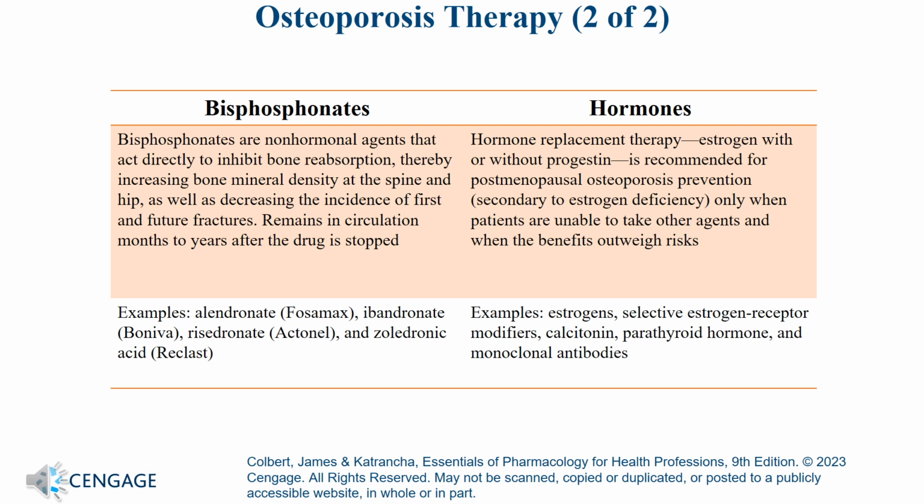These properties result in increased bone mineral density, decreased bone resorption, and reduced fracture risk without promoting breast or endometrial cancer. Make sure that you take a look at Table 21-3 of the agents for osteoporosis prevention therapy.